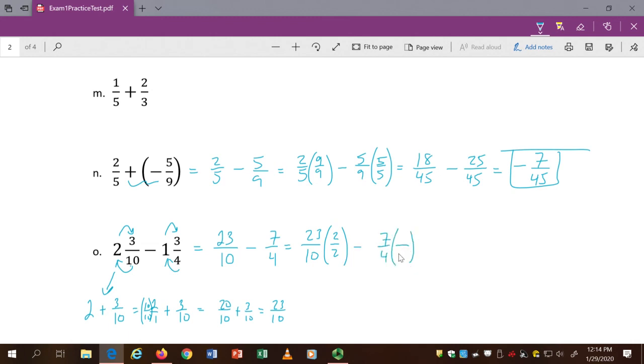What does 4 need to bring it up to 20ths? It needs a 5, so this one's going to get a 5 over 5. And so 23 times 2, that'll become 46 over 20. And then 7 times 5, that becomes 35 over 20. And now we can subtract. 46 minus 35 is 11, and the common denominator doesn't change.